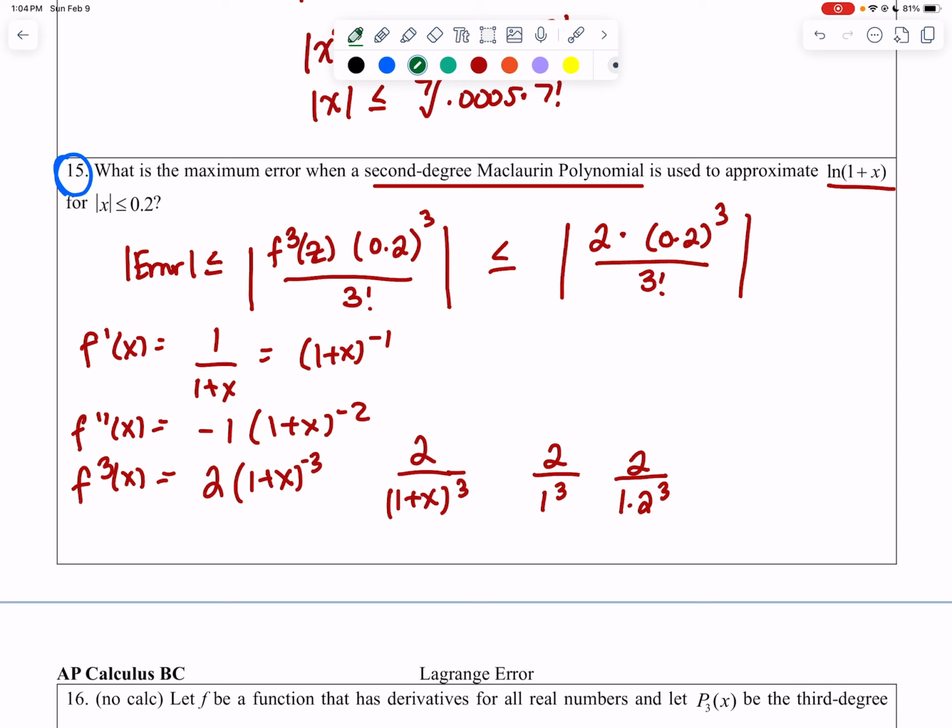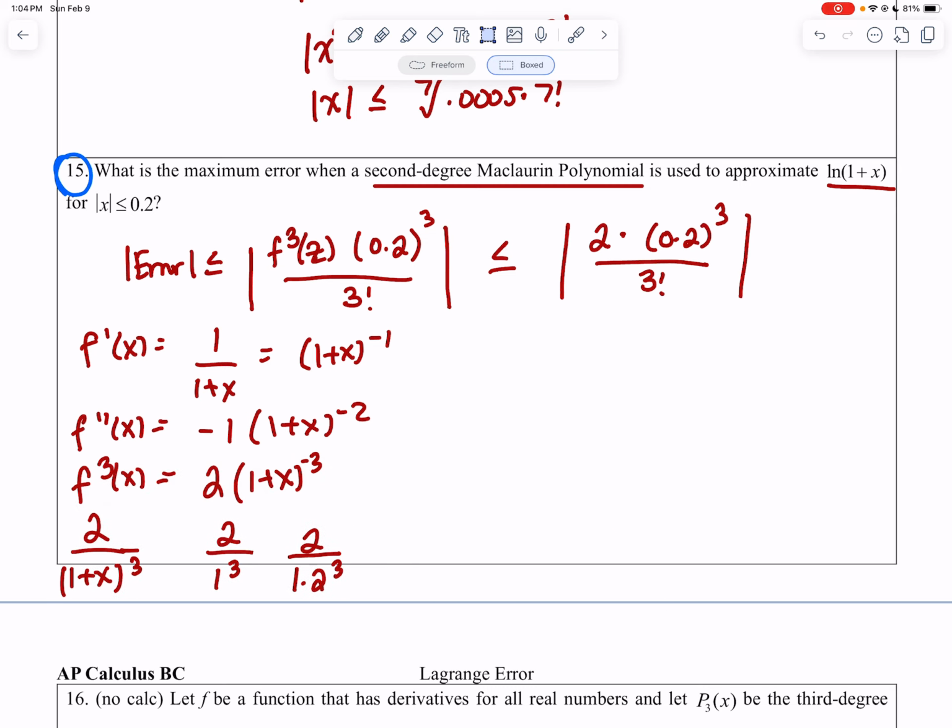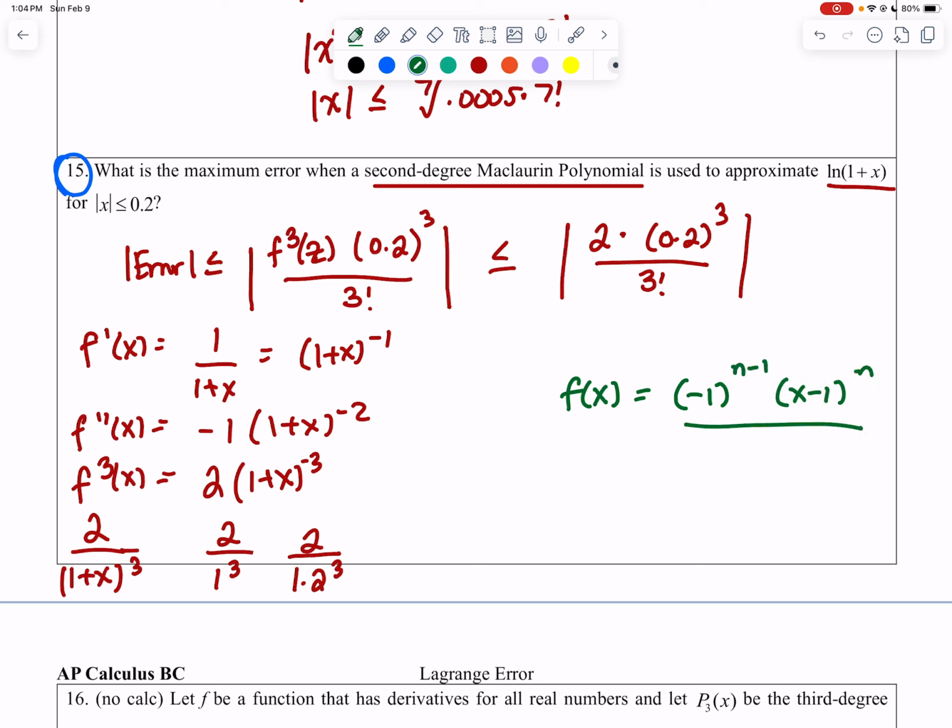Hopefully you saw a pattern here in terms of my derivatives, or if you memorized the Maclaurin polynomial for ln of x, we knew it is in the form of -1 to the n minus 1, x minus 1 to the n over n. So if I were to build that and do 1 plus x, I'll get -1 to the n minus 1, x to the n over n.